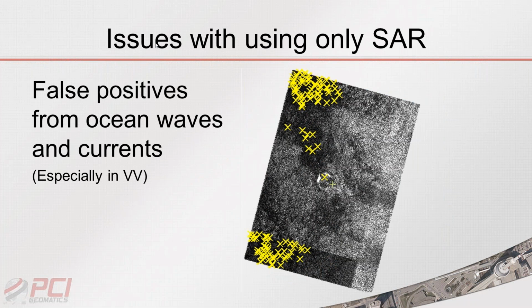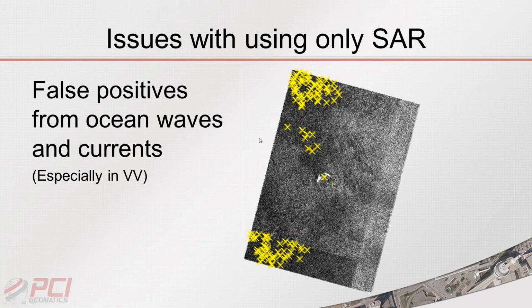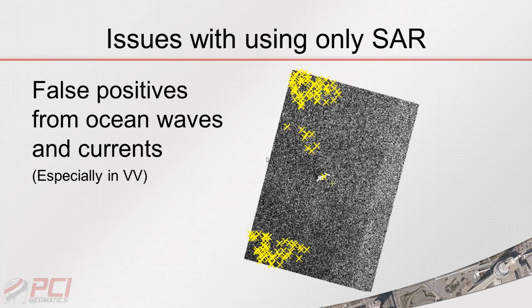The same thing applies to using only SAR: we also get false positives when we do change detection from ocean waves and currents, or changes in the ocean waves and currents, especially if we're working with VV polarimetric bands. The reason for this is that the VV band is very sensitive to roughness in the sea and changes to the roughness in the sea.